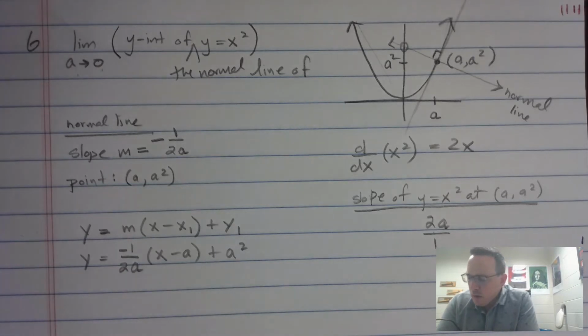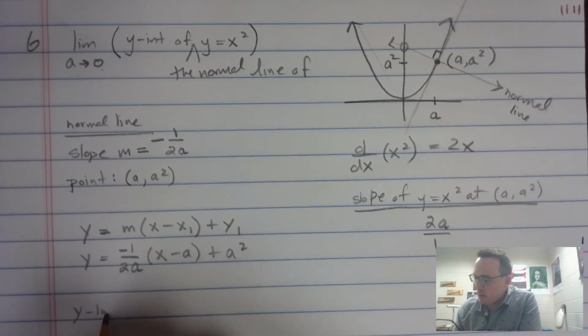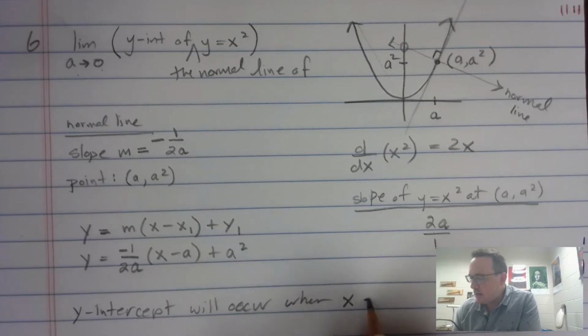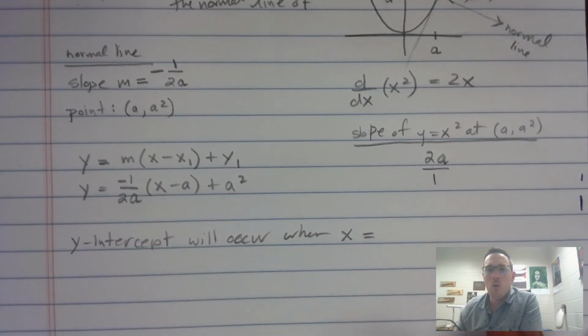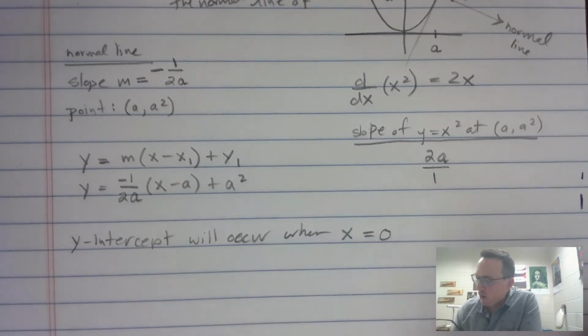Now we've got to think a little bit about what we're going to do with this. We're looking for the y-intercept of this line. So now we go back to algebra, and the y-intercept will occur when x equals 0.